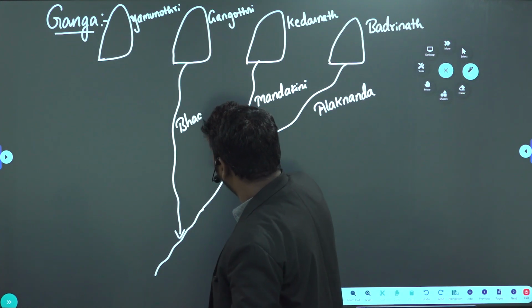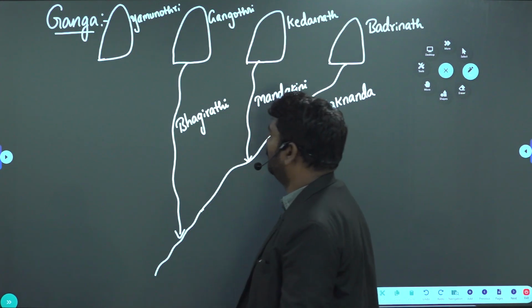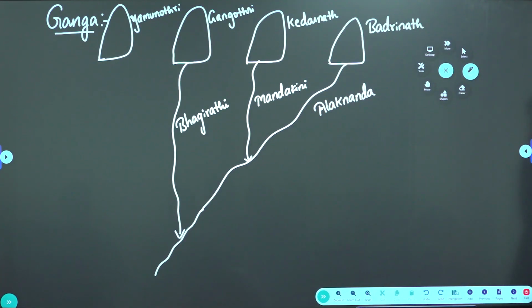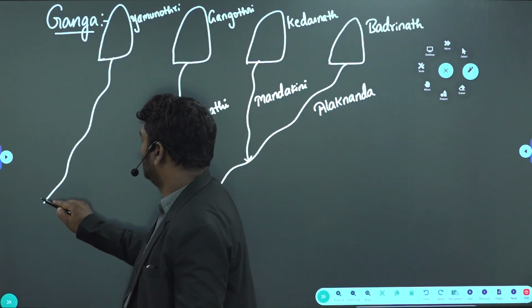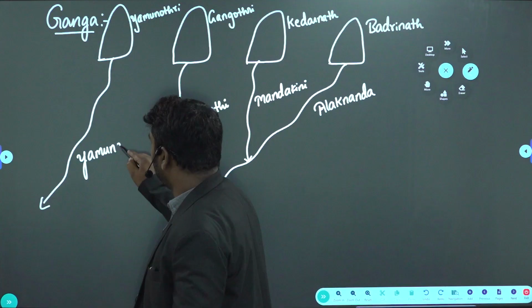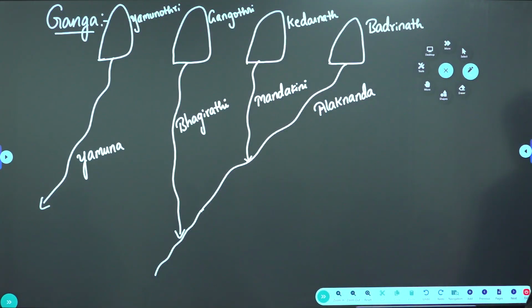Gangotri, Bhagirathi. Yamunotri, Yamuna. This can be asked, guys. All of them are in Uttarakhand.